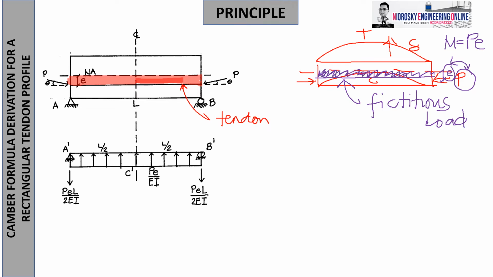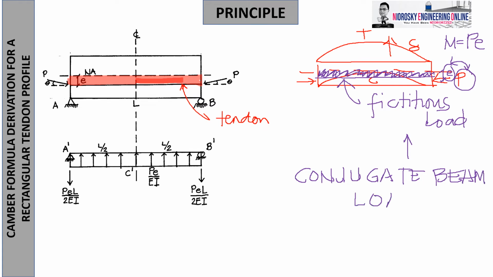Okay? Now, in theory of structures or elastic theory, there is a good topic that considers fictitious load, and that is what we call the conjugate beam method. If you recall, the conjugate beam method converts the actual load into a fictitious load. That is the concept from theory of structures. Okay? We call that the conjugate beam method. Okay?